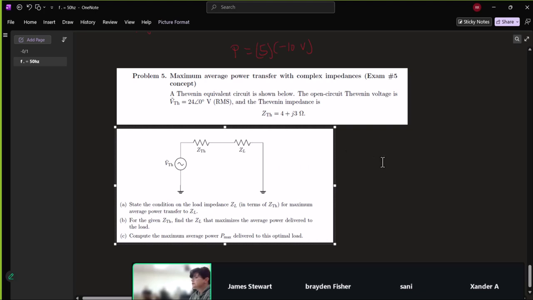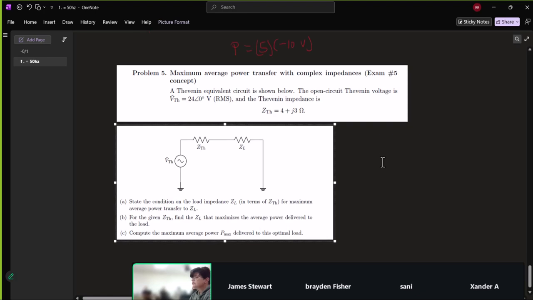Set the condition on the load impedance in terms of Z Thevenin for maximum average power transfer to Z load. In order to get maximum power transfer, Z load equals the complex conjugate of Z Thevenin, and that little star means complex conjugate.